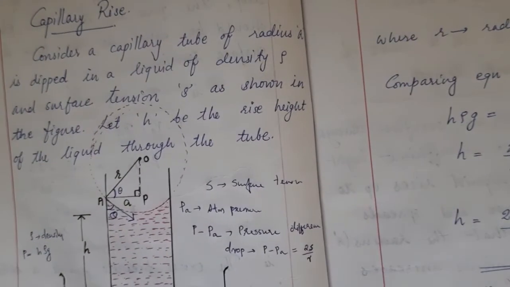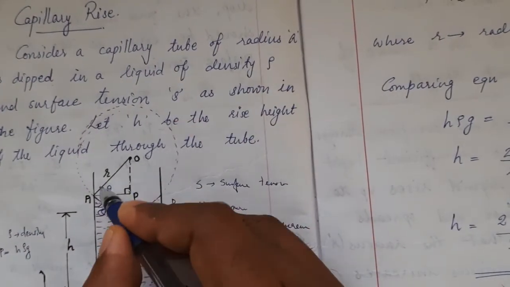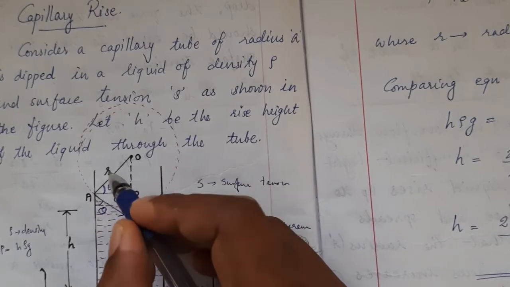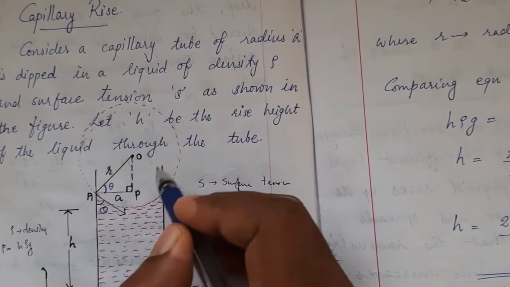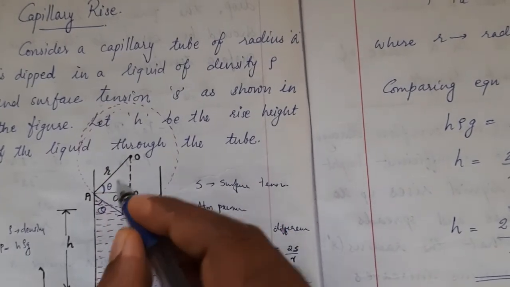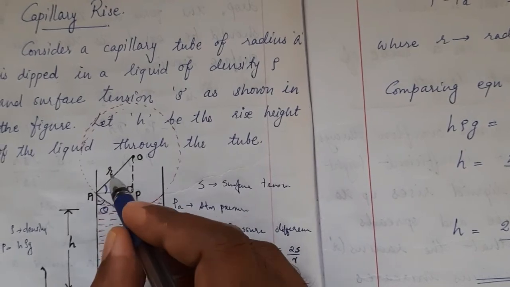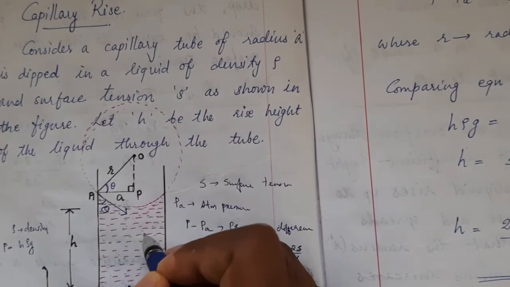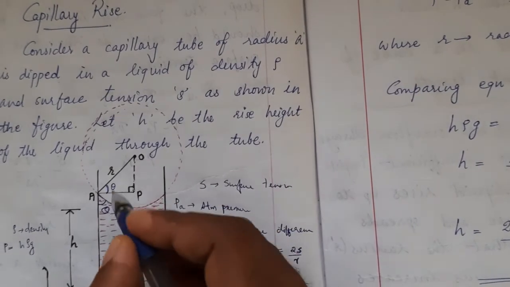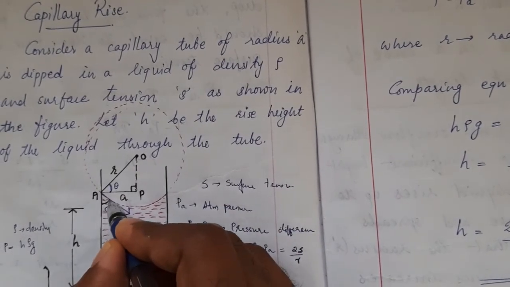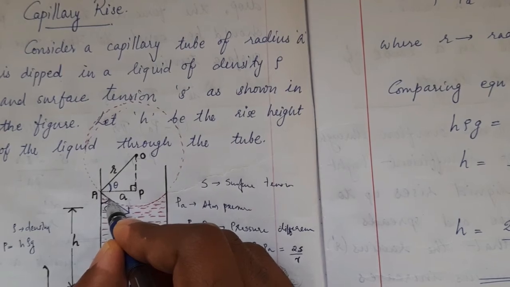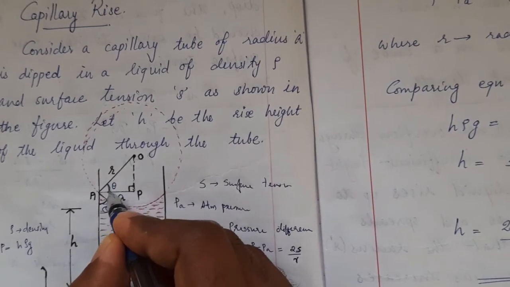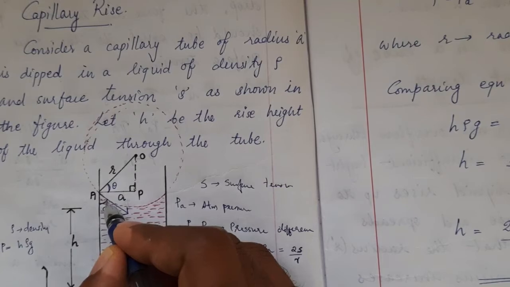We have said this drop's radius is R. It's not measurable, since this radius will depend on the height. So what we have to do is rewrite this R in terms of a and the angle theta. If this angle is theta, this angle also will be theta as per the geometry.